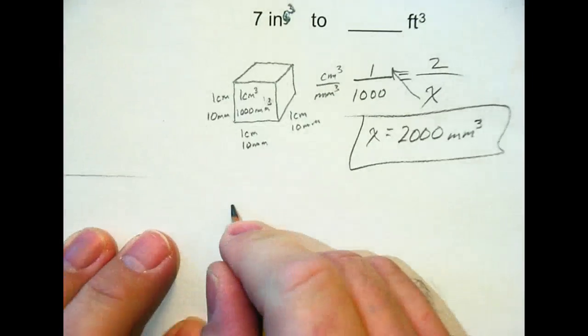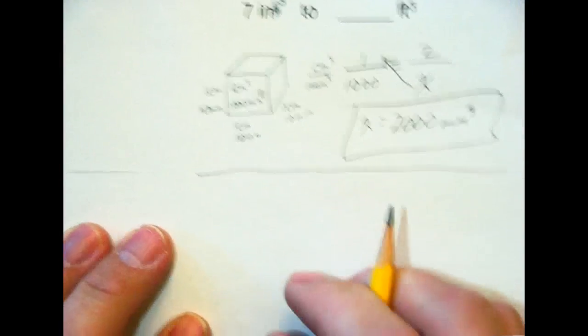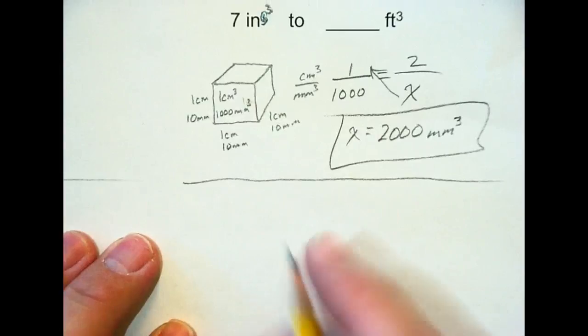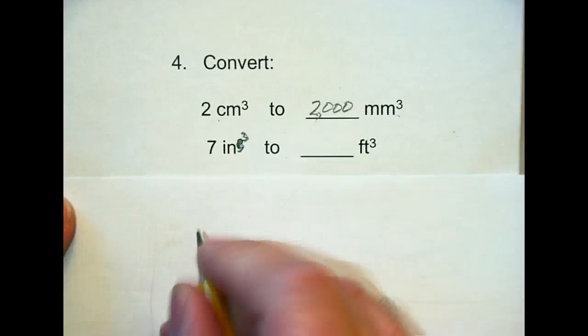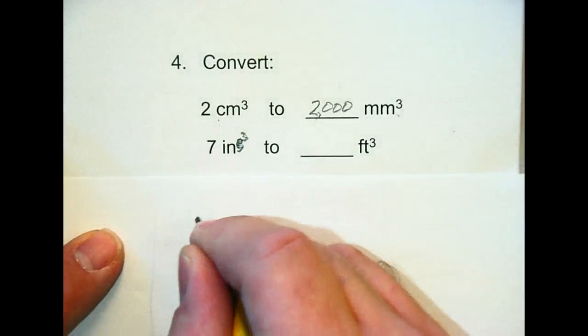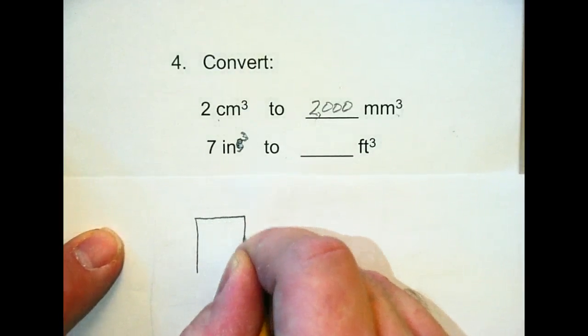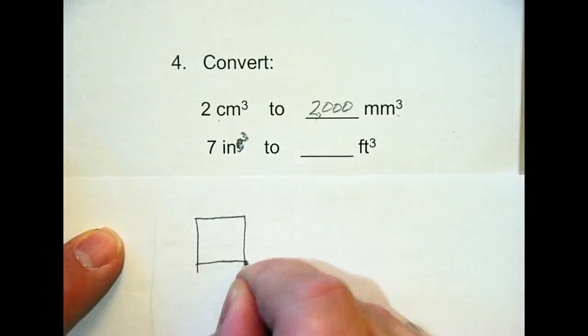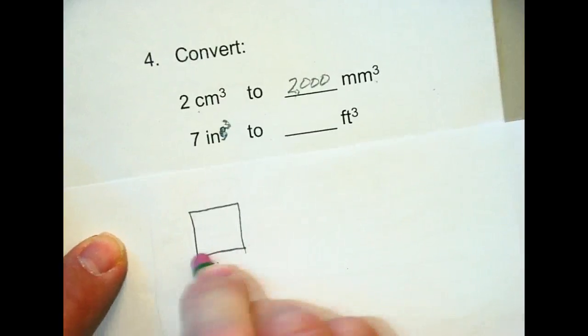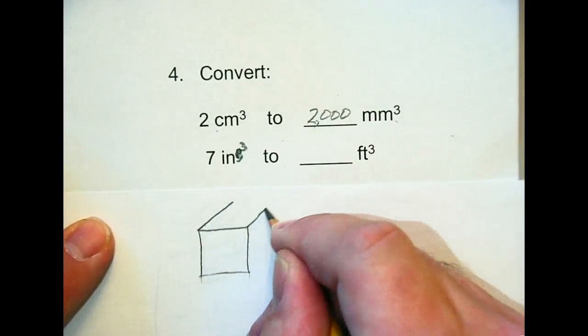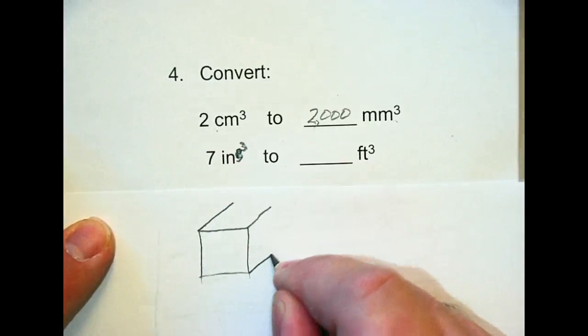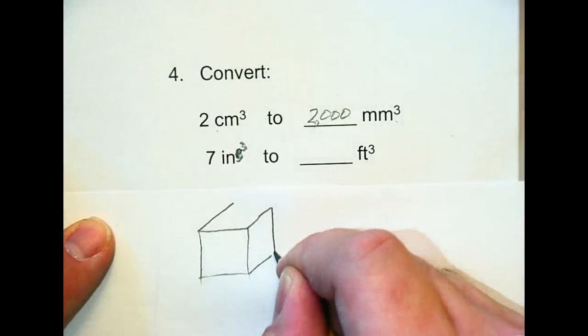7 over 1,720. That's what I got. I got 7 over 1,000. Can you reduce? Does that reduce? This is the most reduced one that I can get.